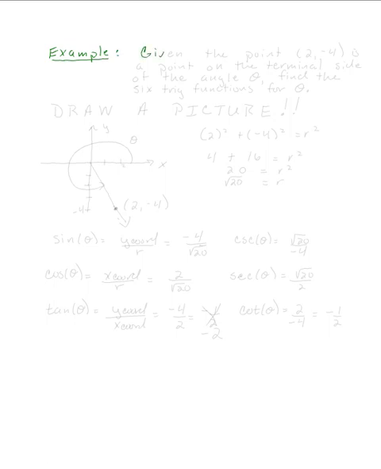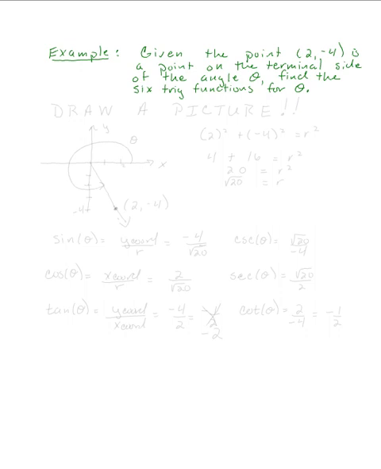Given the point 2, -4 is a point on the terminal side of the angle theta. Find the 6 trig functions for theta.